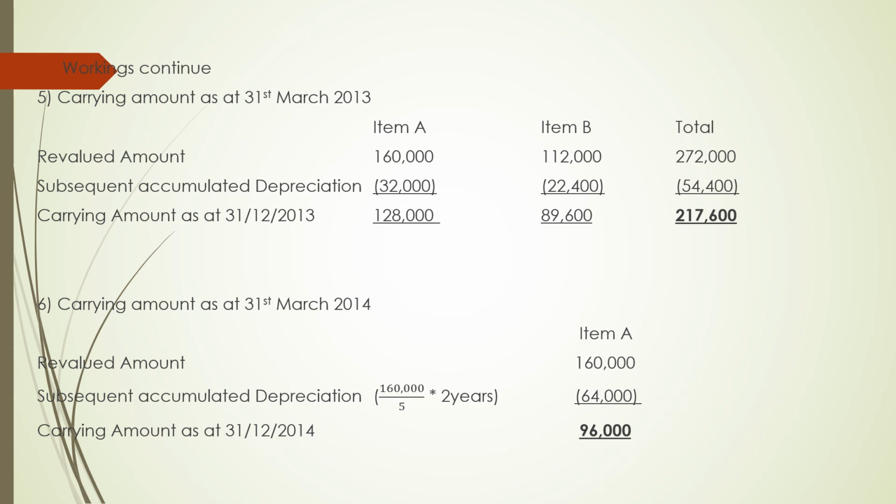So when we subtract the $64,000 from the 160,000, this will give us a difference of $96,000. So it means that our carrying amount as at 31st March 2014 is $96,000. Okay.